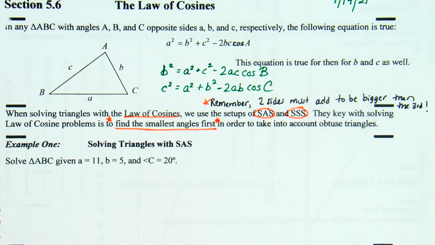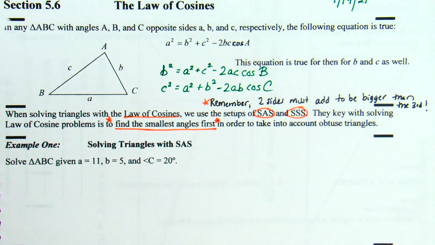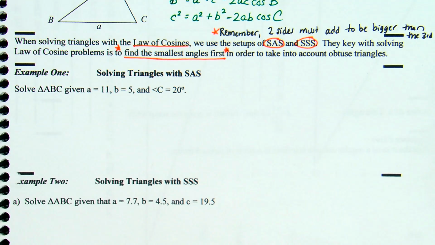Okay? Let's see, did I get everything covered there? I think so. Let's look at example 1. Notice it says solve triangle ABC. So again, that is find all missing sides and angles, right? We're given that side A is 11, side B is 5, and angle C is 20 degrees.